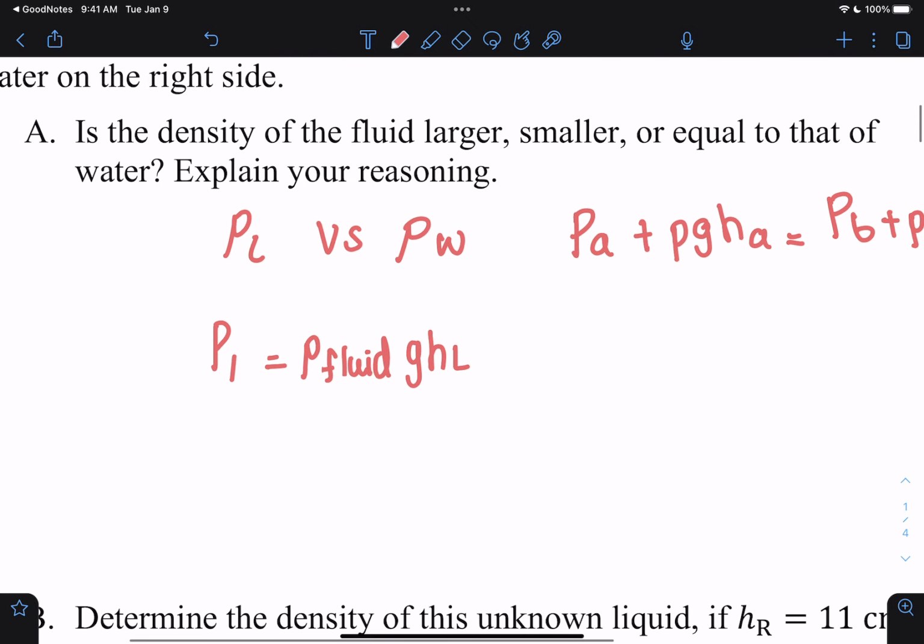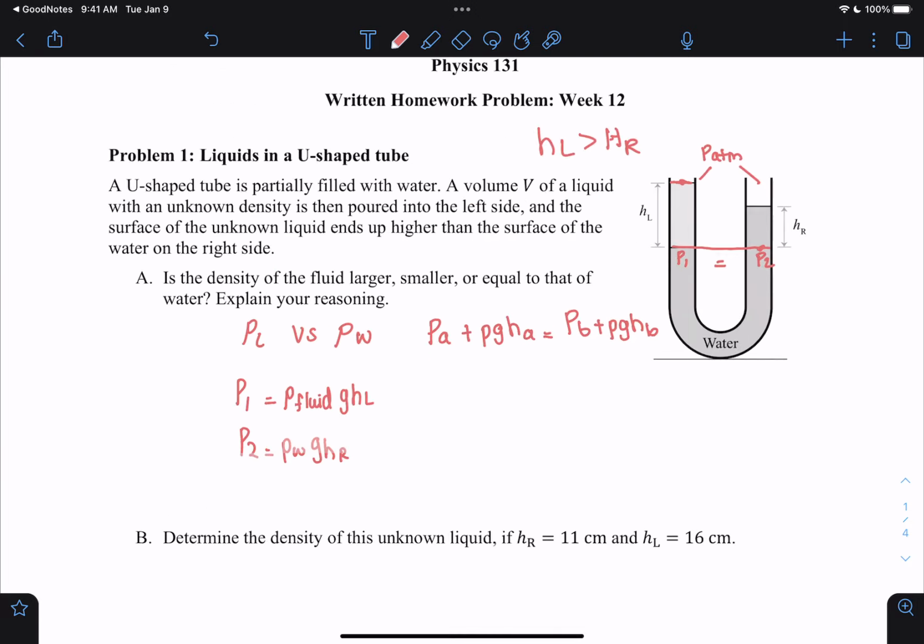And then pressure 2, for that water, would be the density of the water times gravity times the height of the water, and they refer to it as HR, as in the right side.